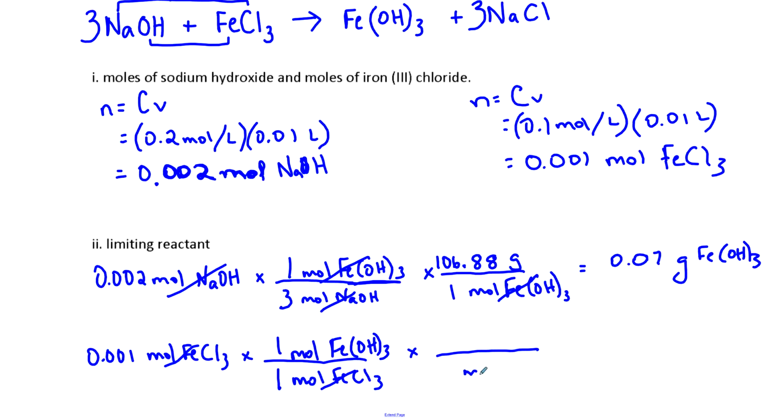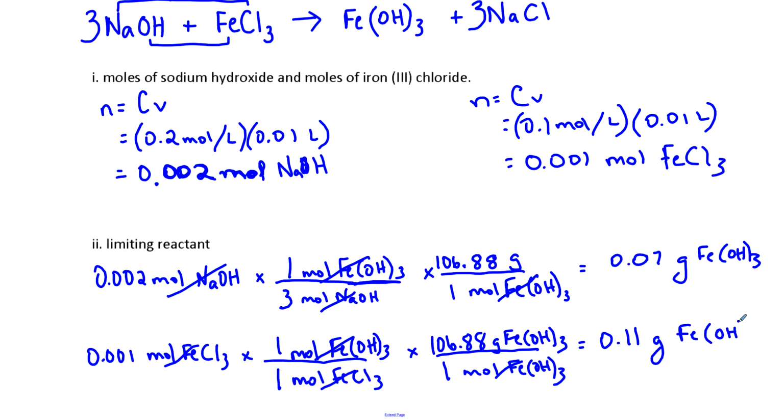And finally, let's get it into grams. So we'll use the molar mass. So how many grams are in 1 mole? Well, luckily we already figured that out. Okay, so really all there is to do here is 0.001 multiplied by 106.88, and that works out to 0.11 grams of the iron 3 hydroxide.